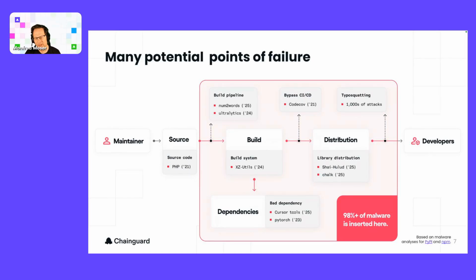The distributions are typically public repositories or registries, as they're called. So there's the Python Package Index in the Python ecosystem, the NPM registry in the JavaScript, TypeScript ecosystem, Maven Central in the Java ecosystem. And there's many others of those, but those are like the big ones. And those binaries then get to you as developers.